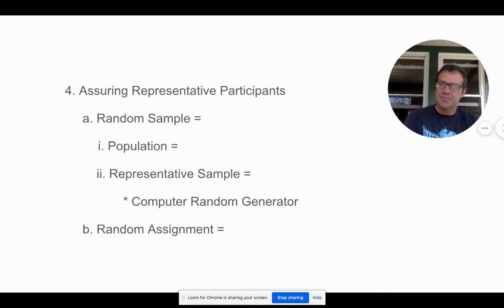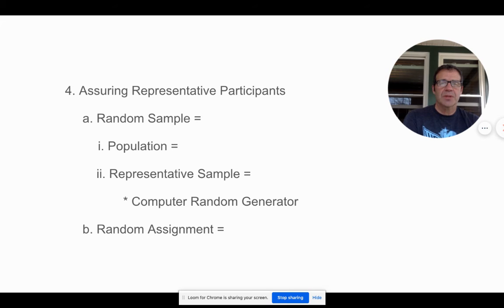A random sample. Okay, a random sample is when every member of a population has an equal chance of being in the study.